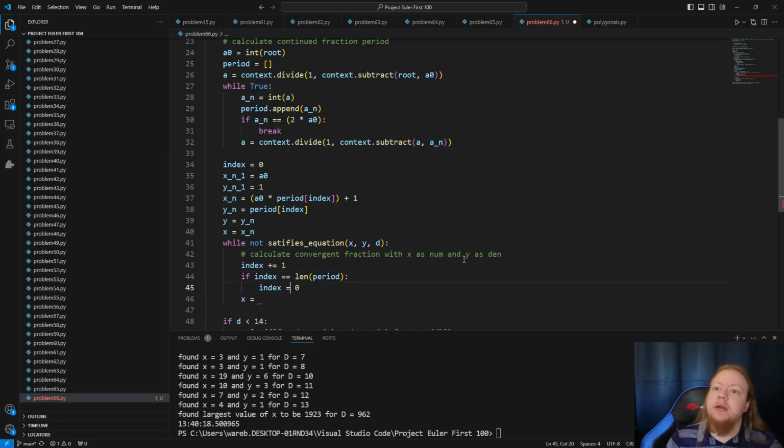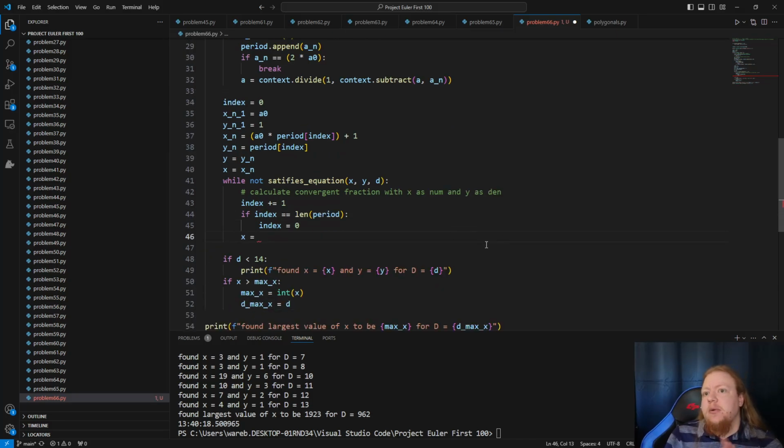That's my bad. Now, x is going to be, I feel like having this is, I don't think I need these secondary variables here.